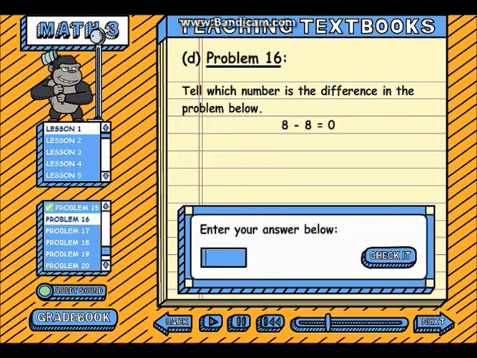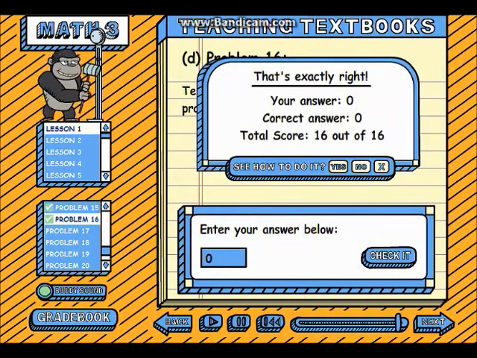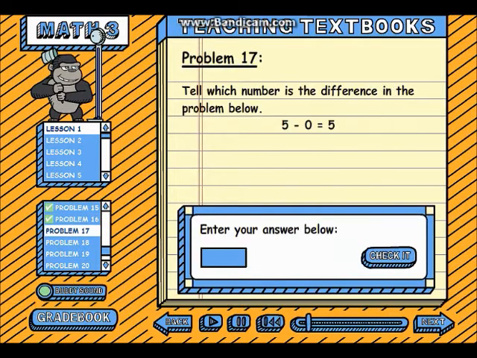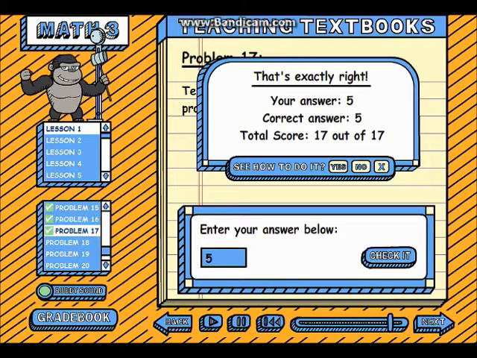For this one, tell which number is the difference in the problem 8 minus 8 equals 0. Time out. Bingo. Here you need to find which number is the difference in the problem 5 minus 0 equals. Perfect.